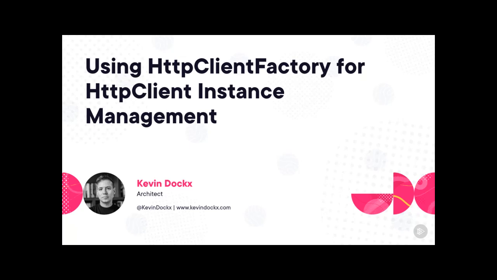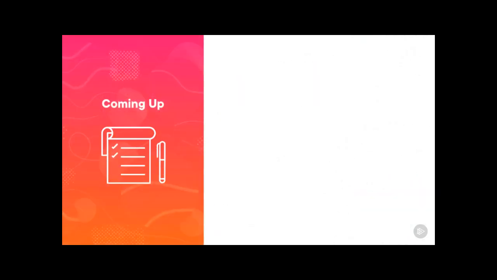In this module, we will learn why you don't want to instantiate and dispose of HttpClient directly. And we will learn more about the HttpClientFactory, which is used to work around this problem. But we'll start by covering why there's a problem with disposing HttpClient instances.